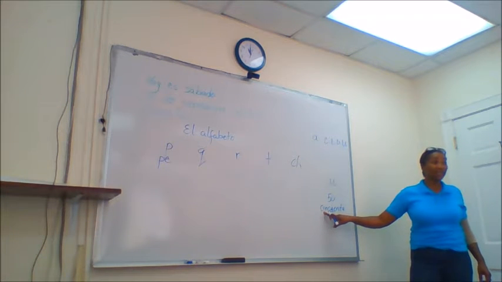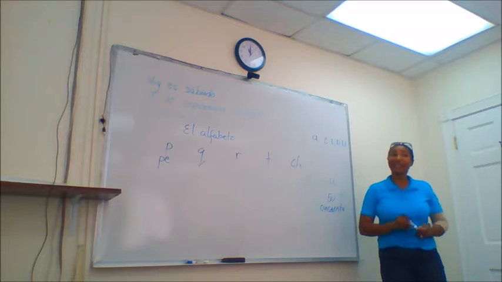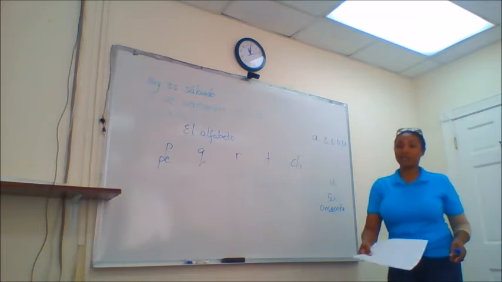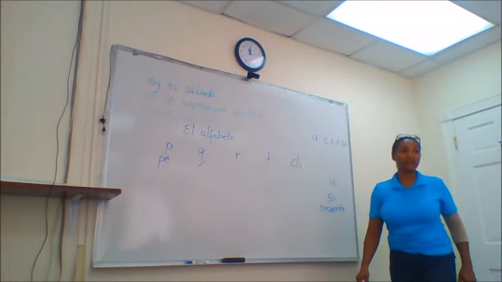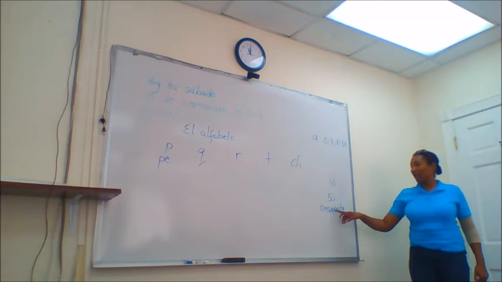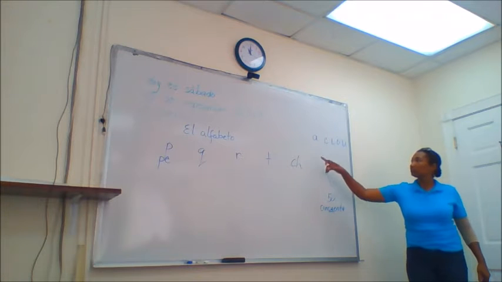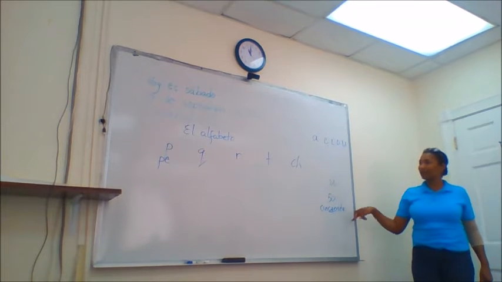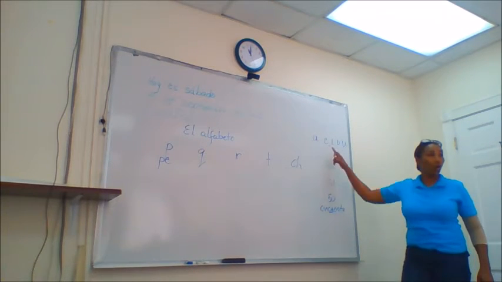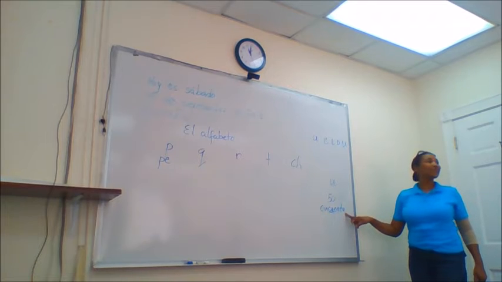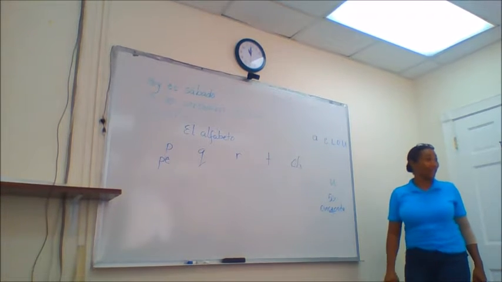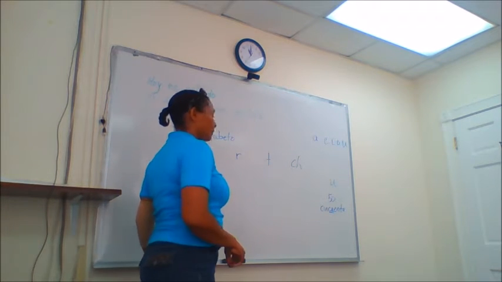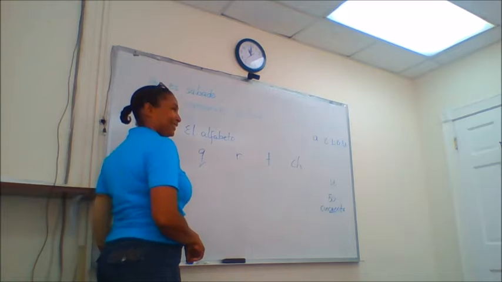They still go E. So the sounds are very precise. And notice they don't change. Cinque, and then ta, T and A, always A. Cincuenta. You see that? So the sounds remain the same always.